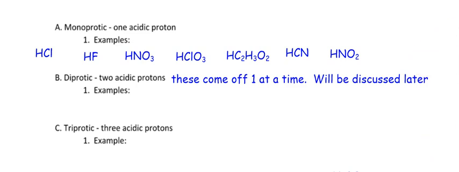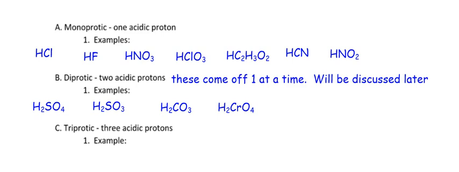What do I mean by they're going to come off one at a time? So again, let's practice, I'll put them up here and you practice naming them in your head, all right? H2SO4. If you said sulfuric acid, you're right. How about H2SO3? Sulfurous acid. How about H2CO3? Carbonic acid. How about H2CrO4?